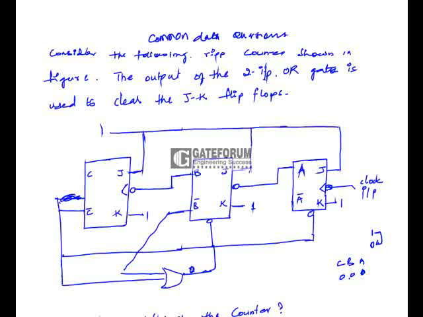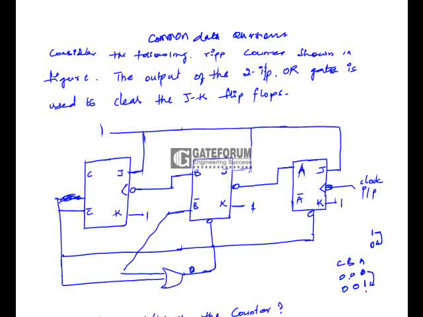So this 0 will change to 1, and this is supplied as input to the clock of the second flip-flop. Here the transition 1 to 0 is there, and as it is negative edge triggered, it will not change its state. From 0 to 1 also it will not change the state.